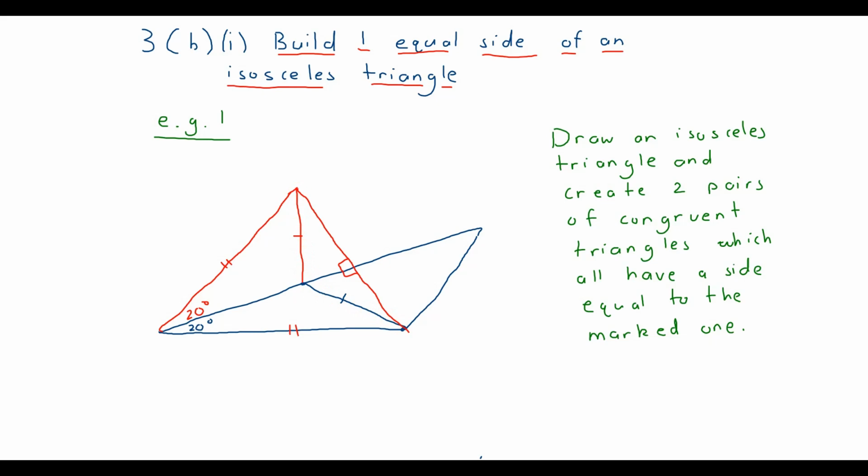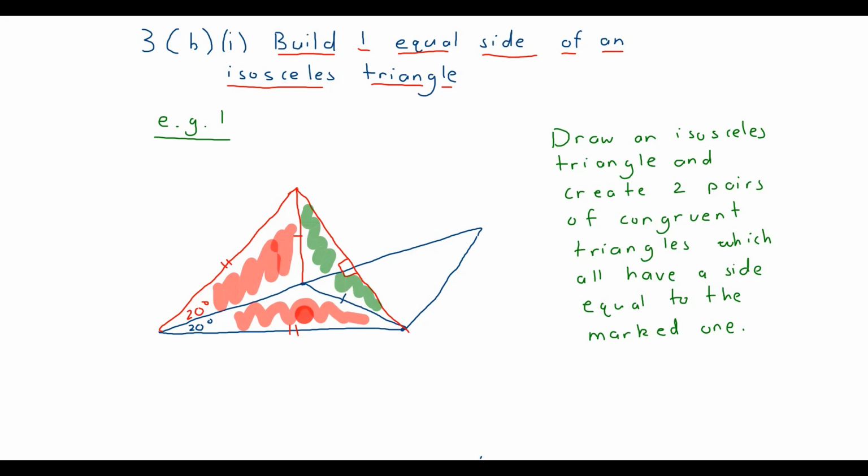And let's have a look at the triangles I've made. So I've got this red one here is congruent to this one here, and this one here is congruent to this one here. And notice that they actually all have this side here in common.